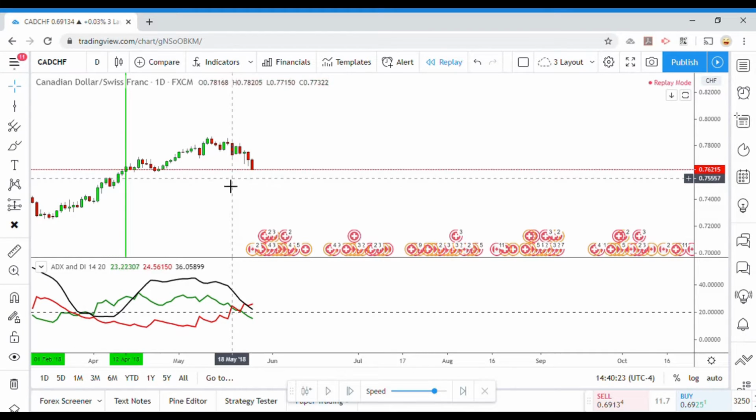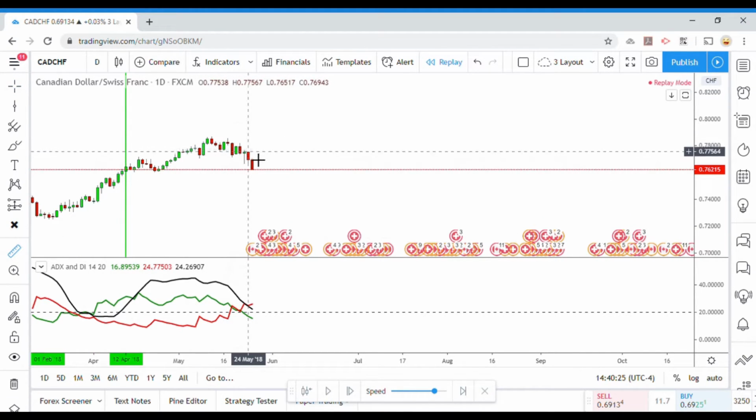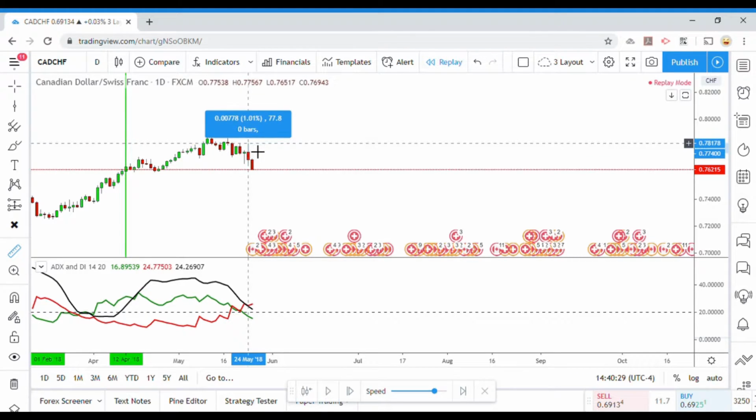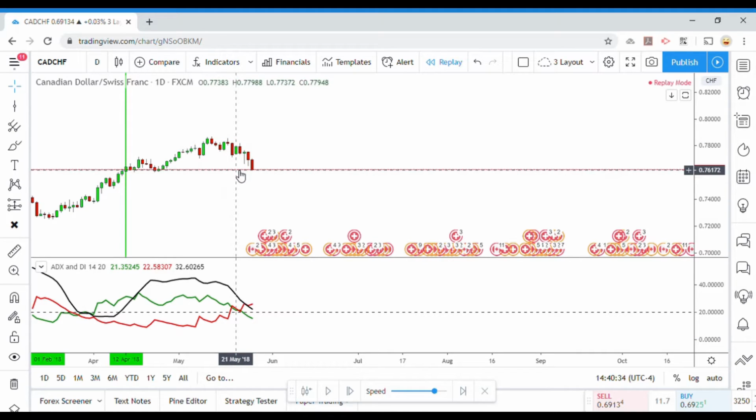Let's see what happens. Right there, this would have been the entry candle. Did that stop us out? Oh, that is darn close.